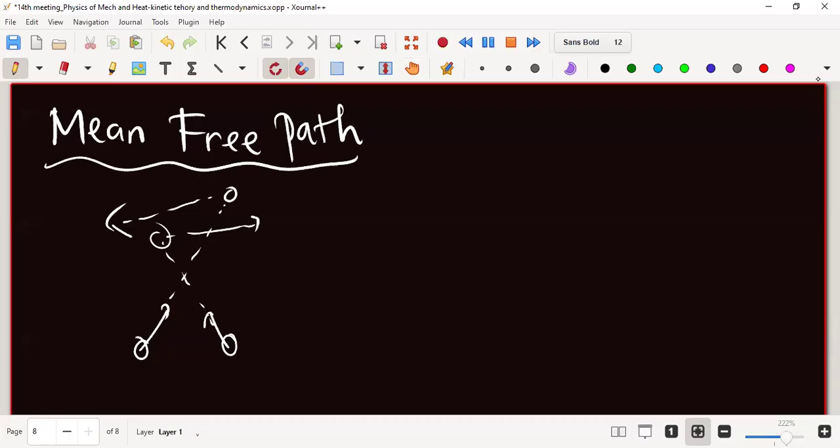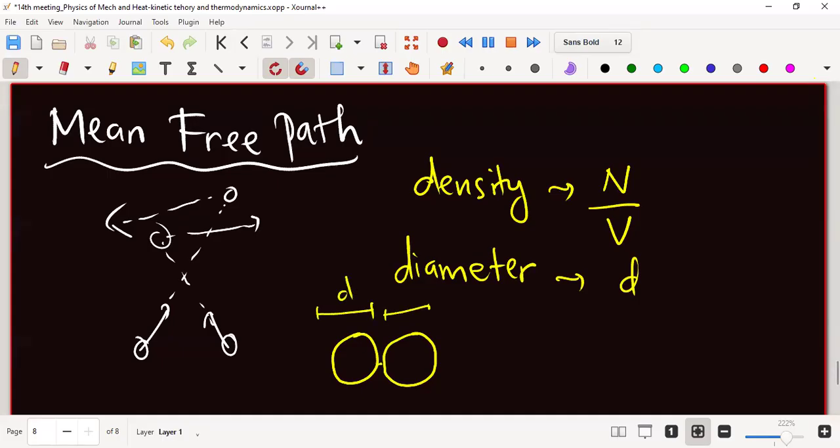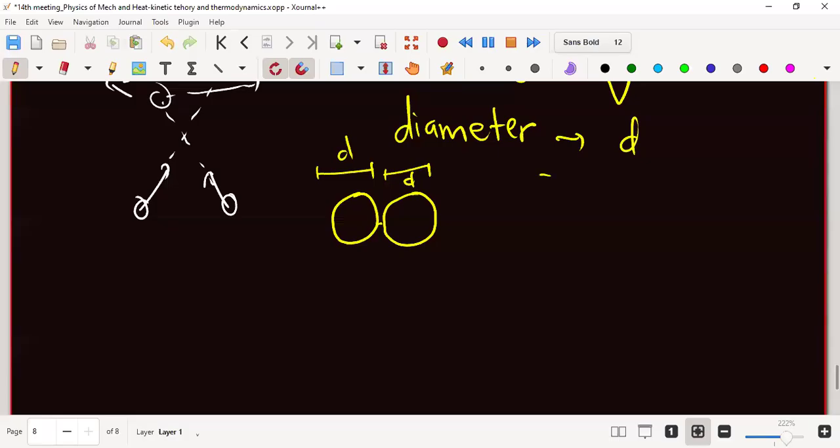For the diameter of the molecules, it is d. For example, if we have two molecules or two atoms combined, this one has diameter d, another bigger molecule has 2d.